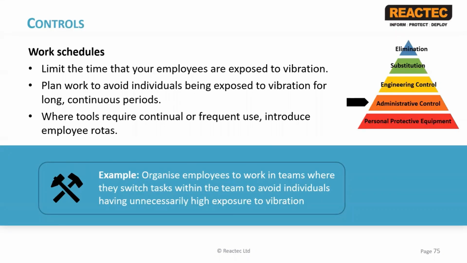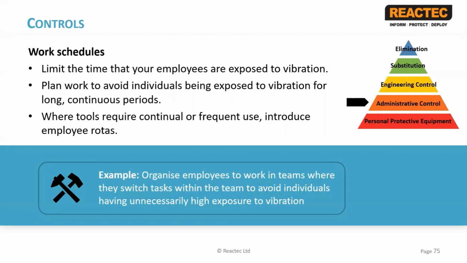Another common administrative control for hand-arm vibration is work schedules. It's common to limit the time that your employees are exposed to vibration, but it's important that you have the tools to ensure that they are able to do that effectively. Even before the limits that you give the individuals, make sure that you plan work to avoid any particular individuals being overexposed and to ensure that the work is shared between colleagues.